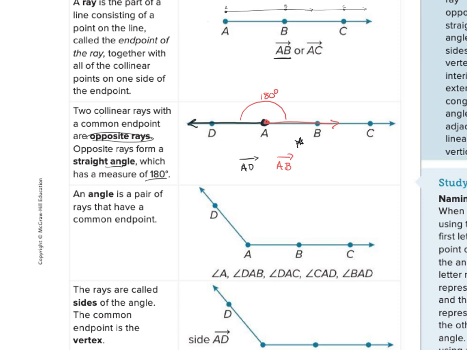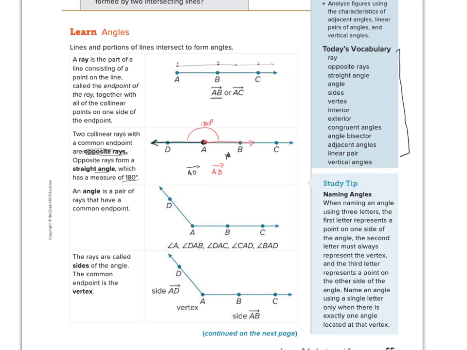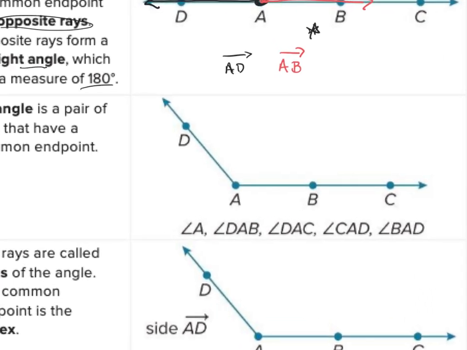How do we label angles? Multiple ways, but right here, for the naming conventions, we can simply call it by its vertex, because that is the only vertex at that point. So we could say angle A. We could also call it angle DAB. We could call it angle BAD.